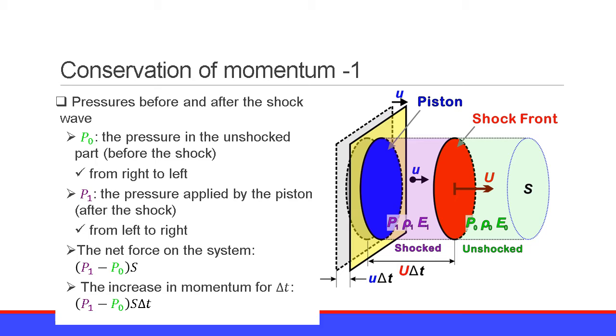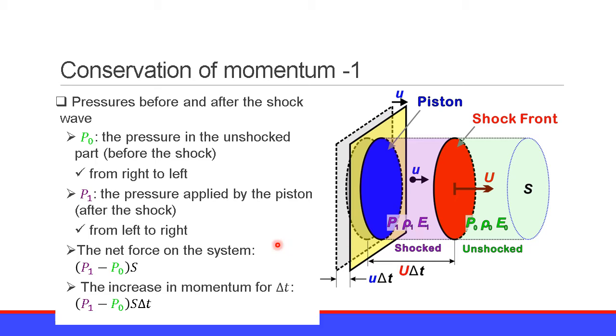Then let us consider the conservation of momentum. Here we consider the pressures before and after the shock wave. The pressure is P0 before the shock wave comes, the unshocked part, and P1 is the pressure after the shock wave has passed through.